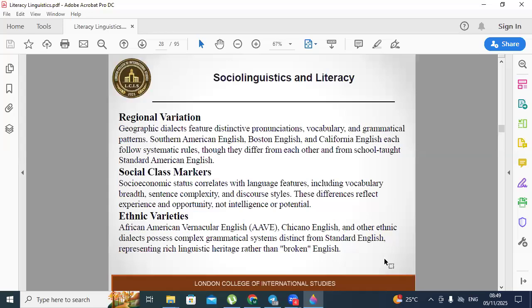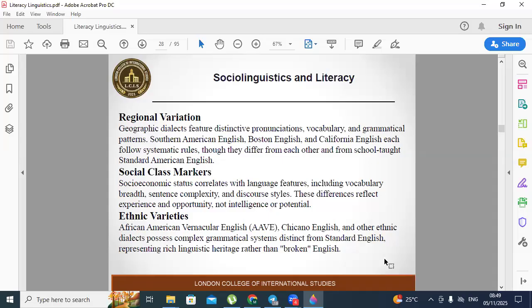This mismatch isn't about one variety being right and another being wrong. All language varieties are linguistically valid. They follow systematic rules and serve communicative functions effectively. However, schools and society privilege certain varieties over others, giving some students an unearned advantage.